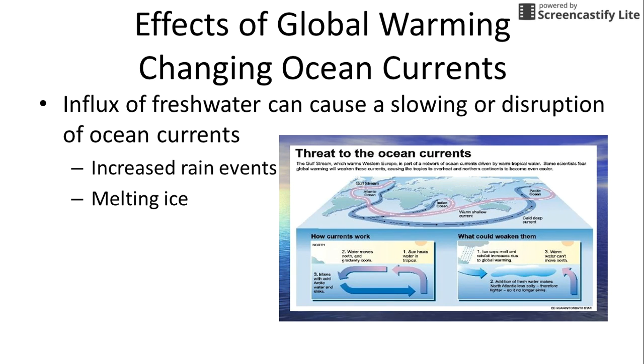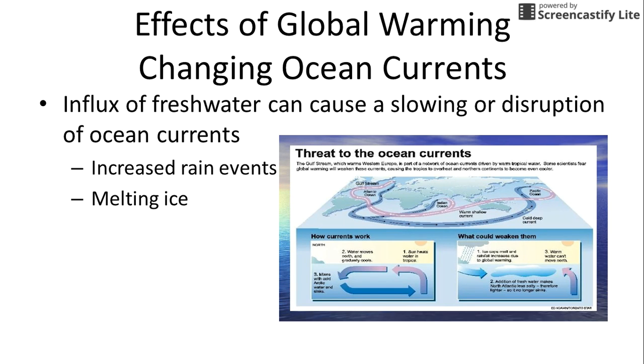And so another thing that can actually slow or disrupt the ocean current is the increase of fresh water into the system. And so as my polar ice caps are melting, right, this freshwater influx is actually making the water less dense.